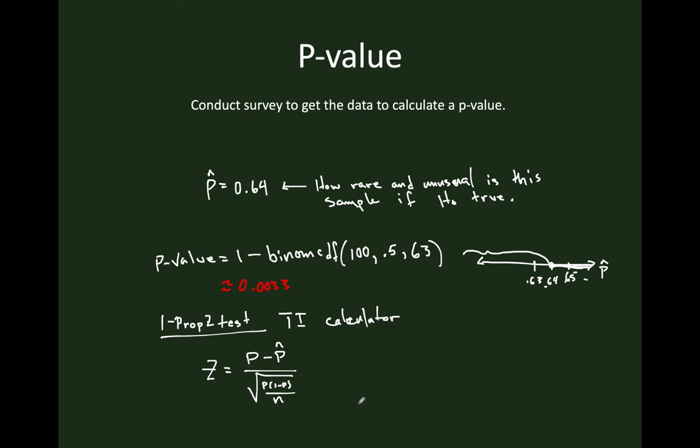Sometimes they put a p sub 0 here for that hypothesized proportion.